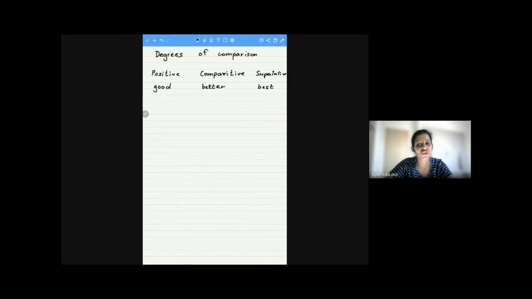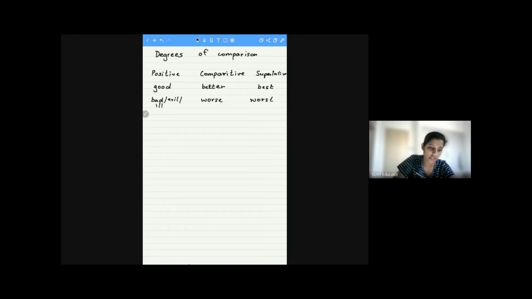You cannot use any rule for this. Same way, it's for bad, worse, worst. Similarly, bad, evil, ill, all these have worse and worst. So even if it's evil, you will have the superlative and comparative as the same.